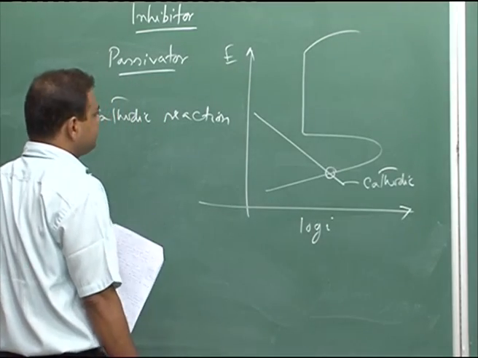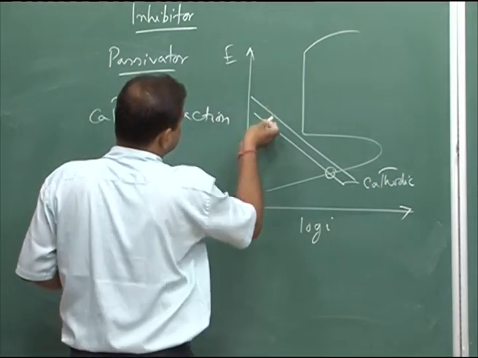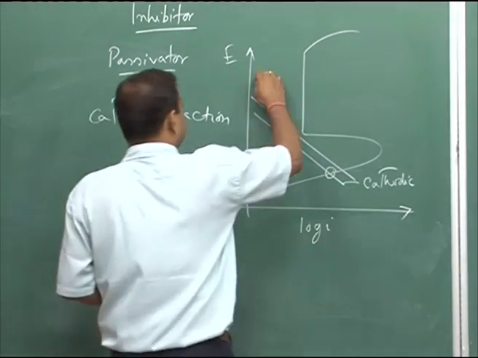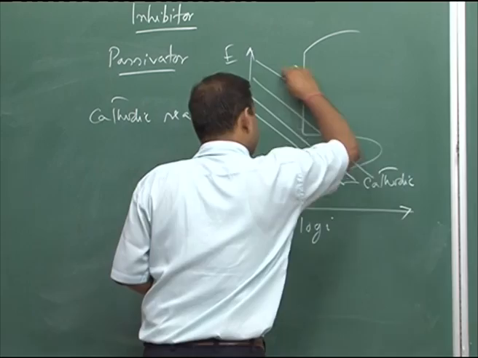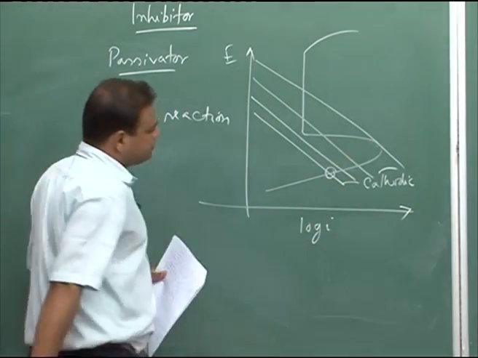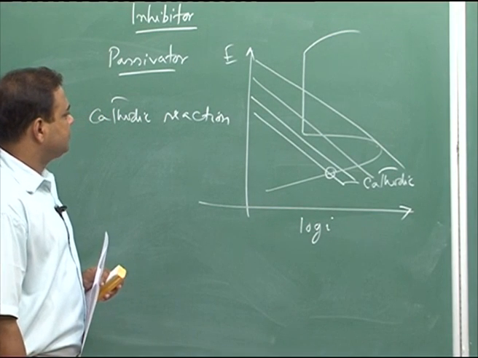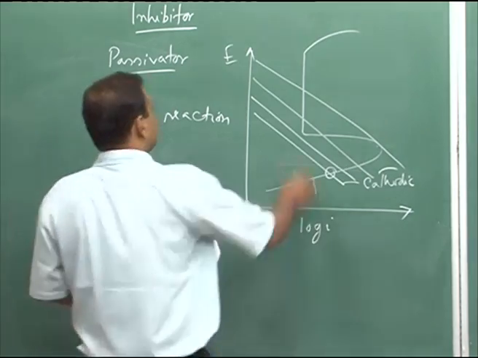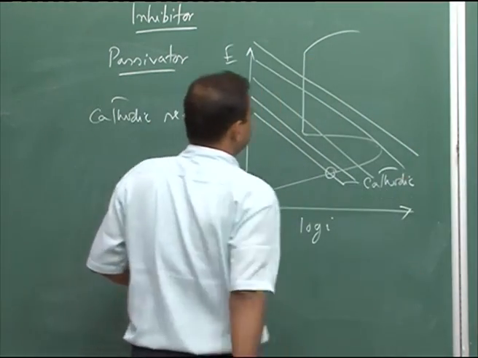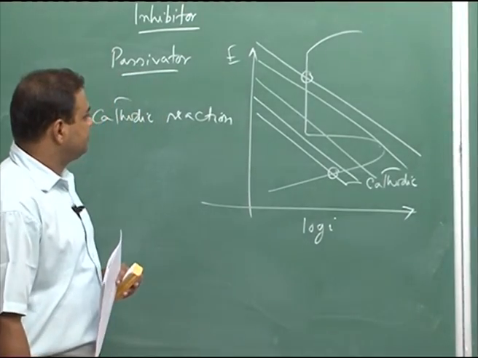If we add those inhibitors, it keeps on moving this cathodic reaction upward. Finally, it crosses the critical current density, I critical. And then the corrosion rate has moved to this position.